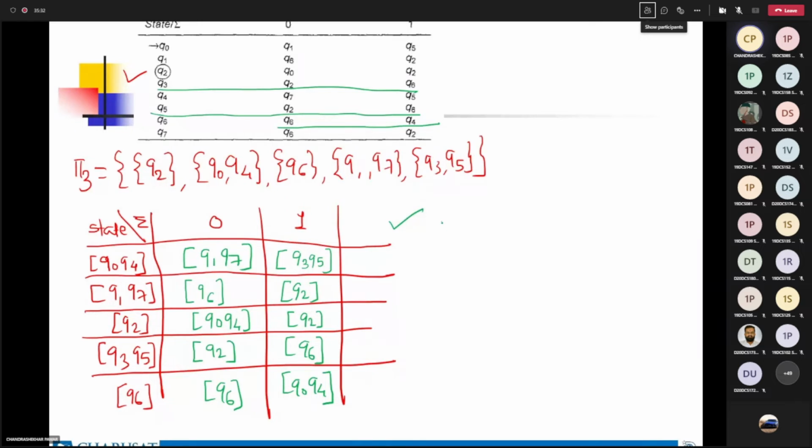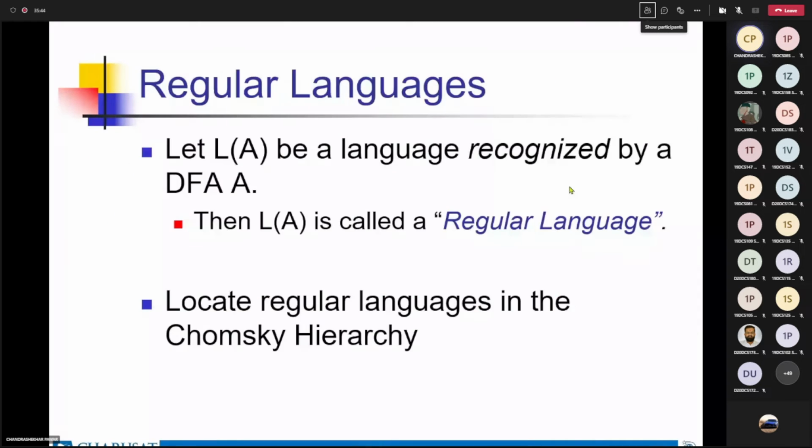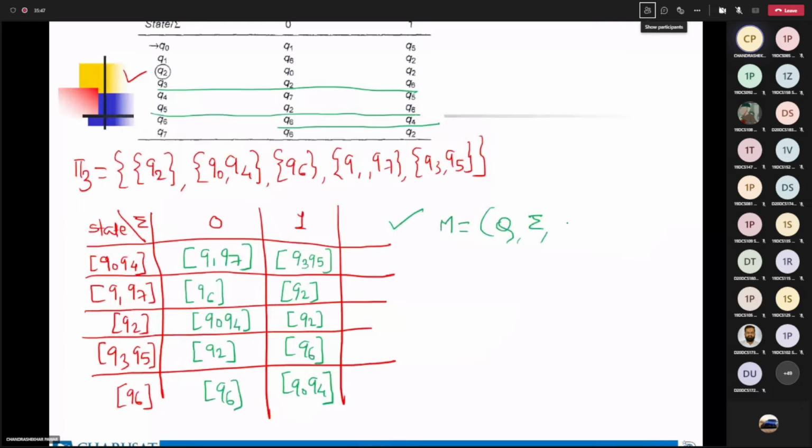Understood? Here we can write down its tuple, that is M. Q, sigma, del, Q0, and F. Del is already mentioned here. Okay, so how many states here?